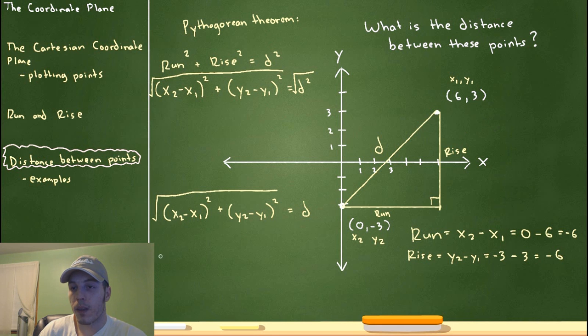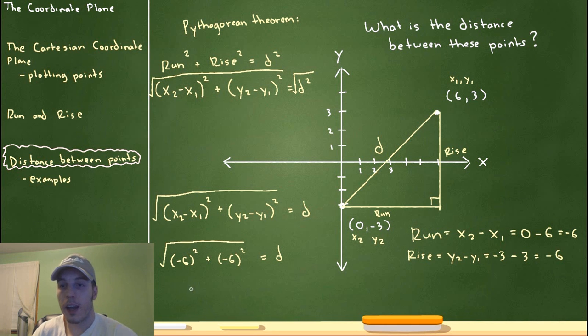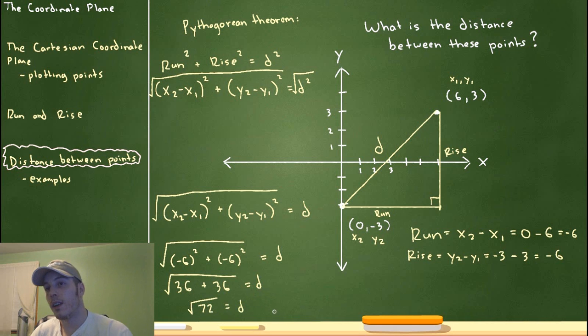So now we have negative 6 squared plus negative 6 squared underneath the square root sign equal to d. Negative 6 squared is negative 6 times negative 6, which is 36. Same thing here, positive 36. And lastly, we would do 36 plus 36 to get the square root of 72 equal to d.